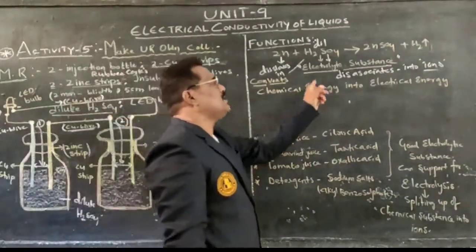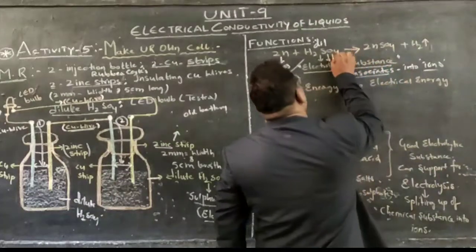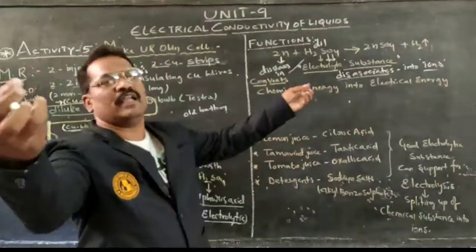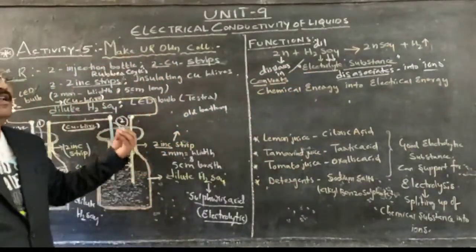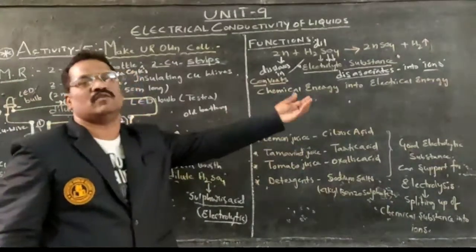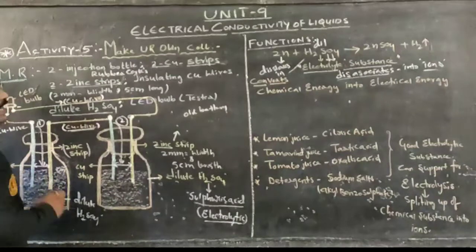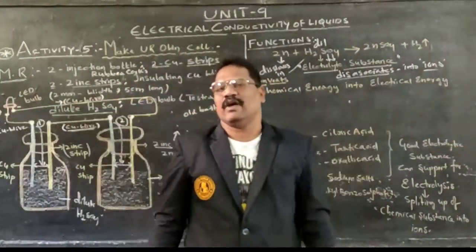As the current is passing through the substance, what happens? The electrolytic substance called sulfuric acid starts splitting up in the form of ions. Positive ions will move towards the negative plate and negative ions will move towards the positive plates.